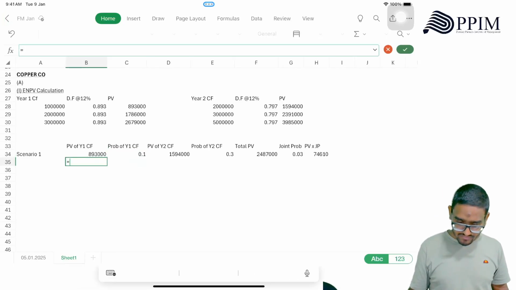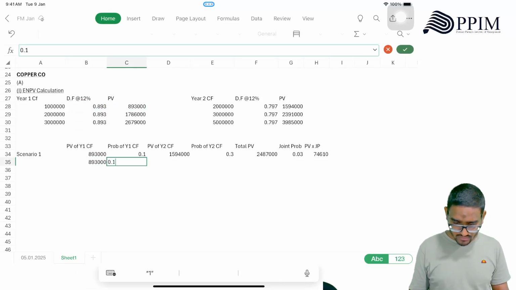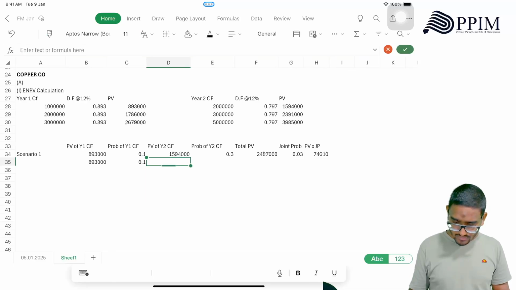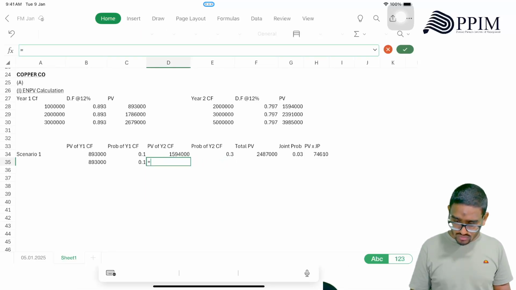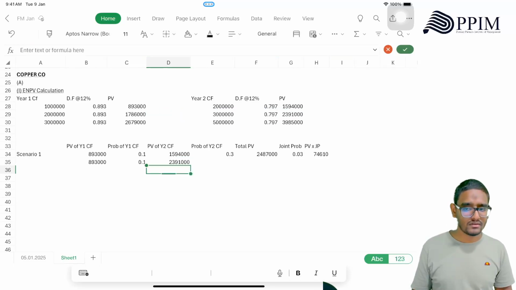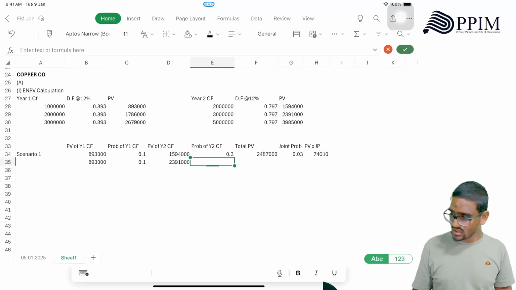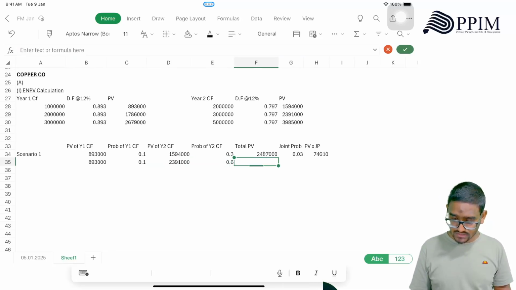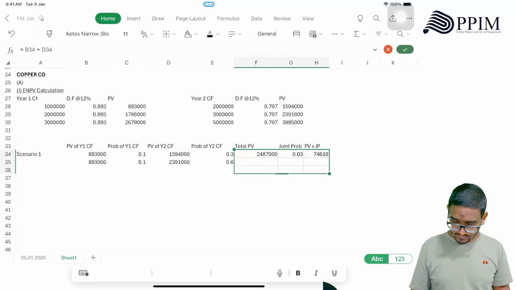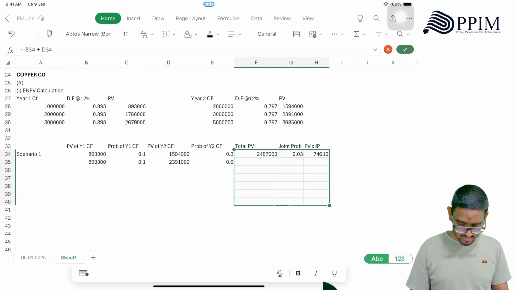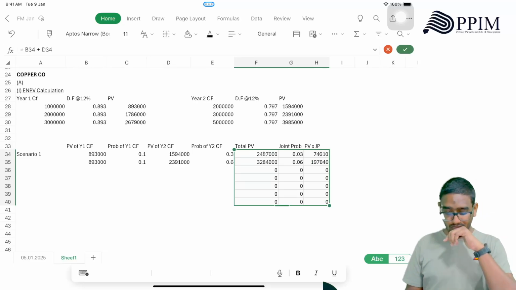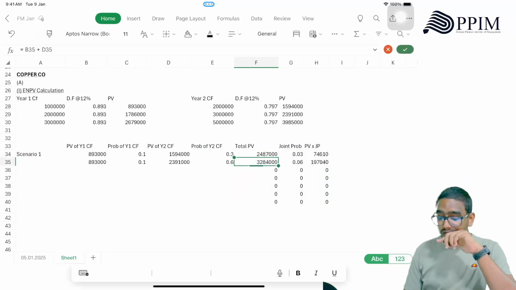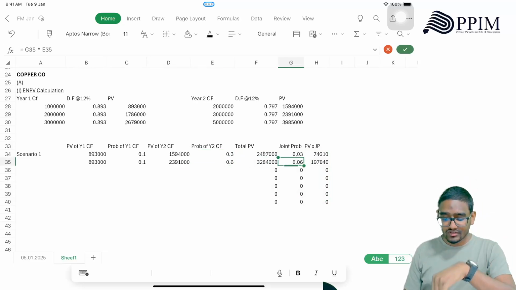You can again have 893. This is 0.1. And then year 2, you can have 2.39 million, which is 0.6. Right? So I'm just going to copy this down. How did I get this one, 0.06?